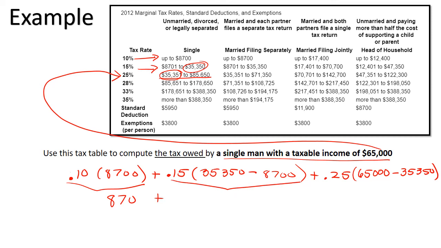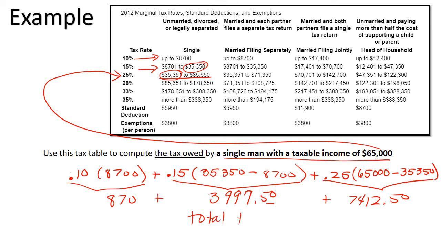The 15% amount is $3,997.50. The 25% amount is $7,412.50. So this gentleman's total tax that he will owe would be the sum of these, which is $12,280 in taxes.